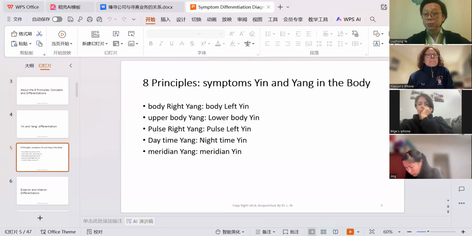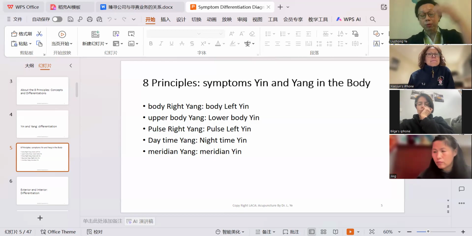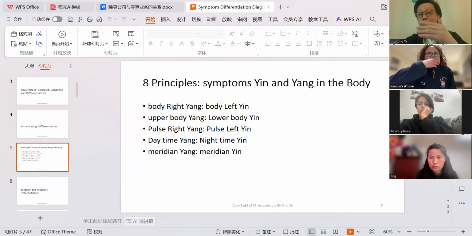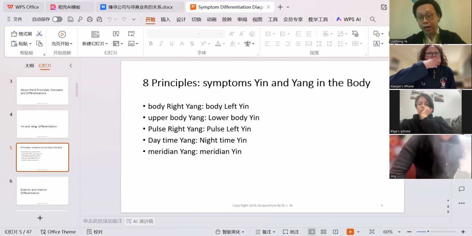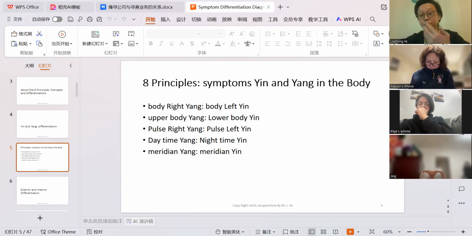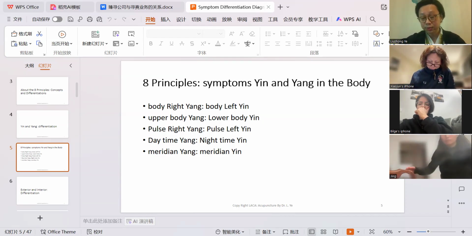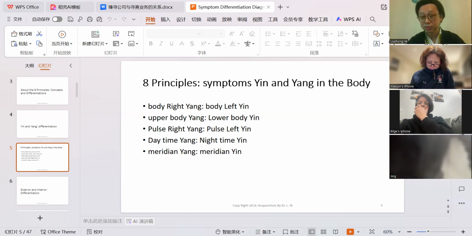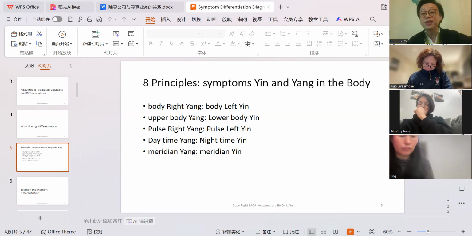So therefore, for example, people having eczema, one has more rash, more itchy in the upper body, and the other person has more itchy in the lower body, then that could indicate a different thing. Upper body will be more wind or wind heat. Lower body could be damp or could be yin deficient.